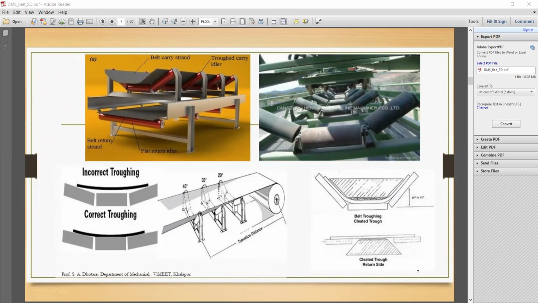Troughing belt conveyors are heavy and complicated in construction, so the initial cost is very high compared to the flat belt conveyor. And as there is huge friction, the maintenance cost is also very high. These are some drawbacks of the troughed belt conveyor system.